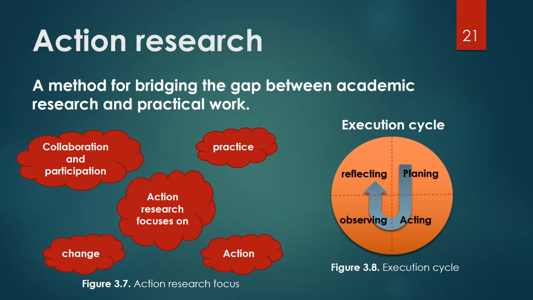The professor at the university has a research project, and he realized that there is a gap between academic research and practical work. So if he has some ideas to fill the gap, he hires a student, a PhD student, and that student will work to fill that gap.